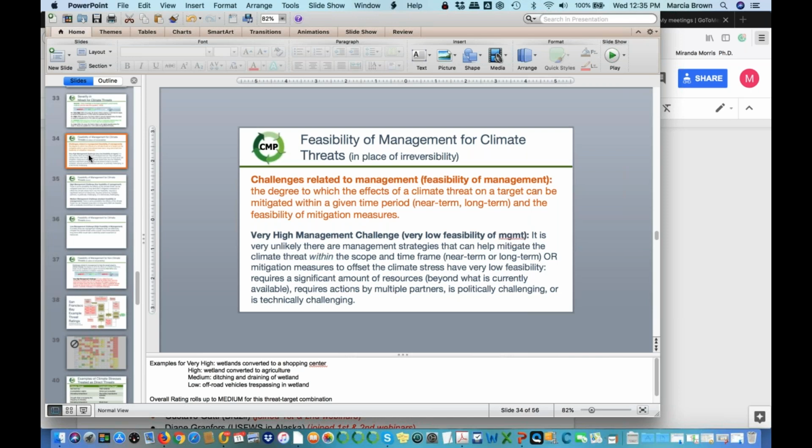And I checked to see how that had fallen out in terms of reversibility, because I hadn't really thought about it before you mentioned that everything is irreversible. And we have more than half of the climate change threats ranked as irreversible, but there's still a fair number that states ranked as reversible.